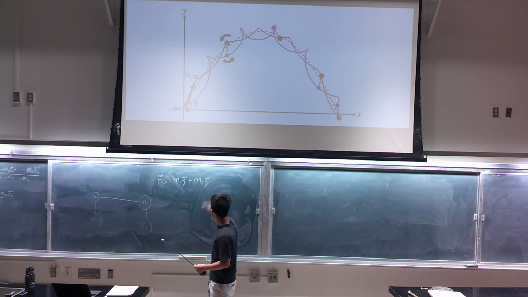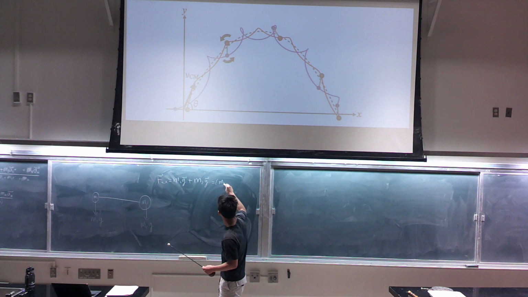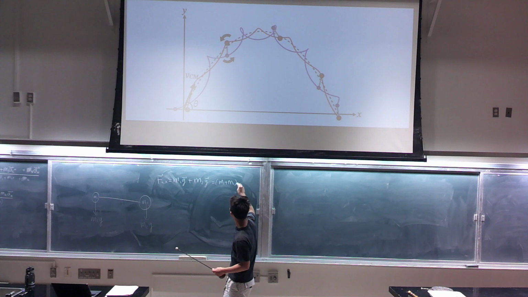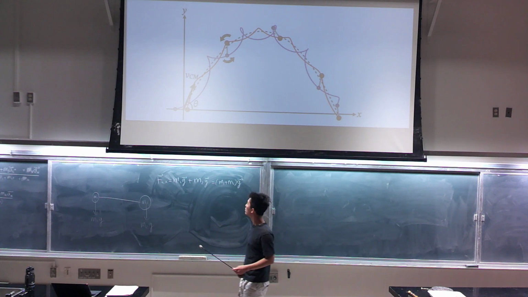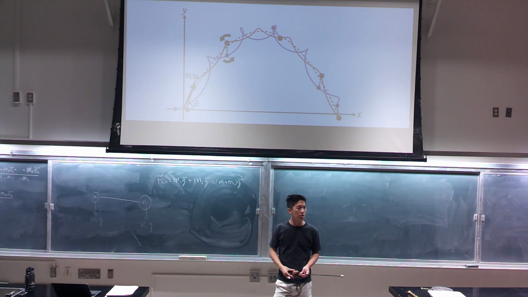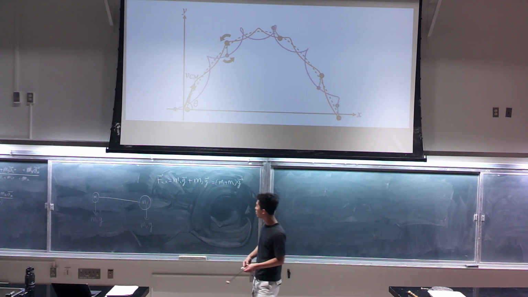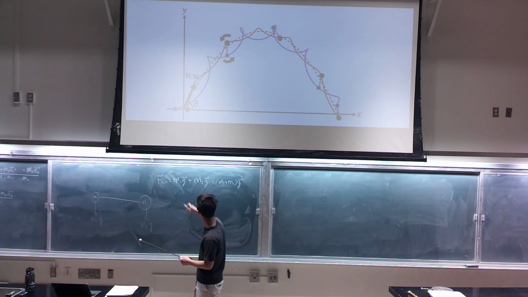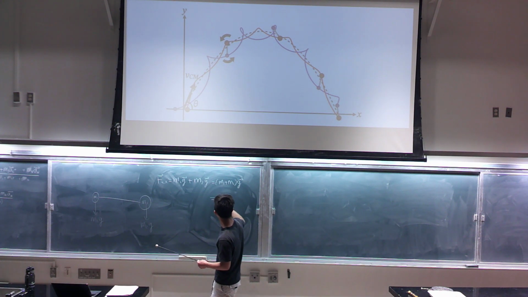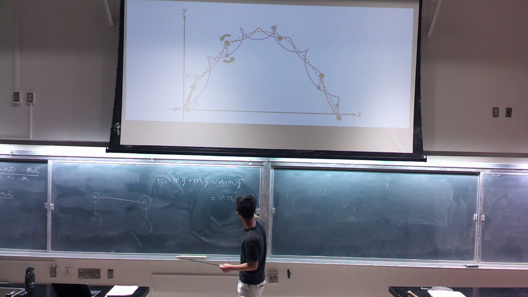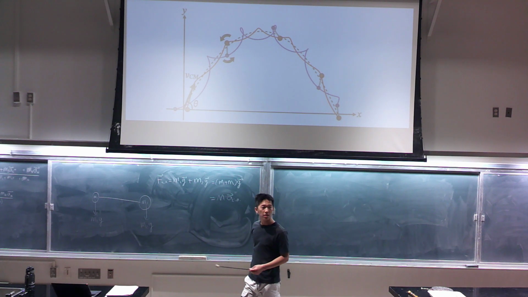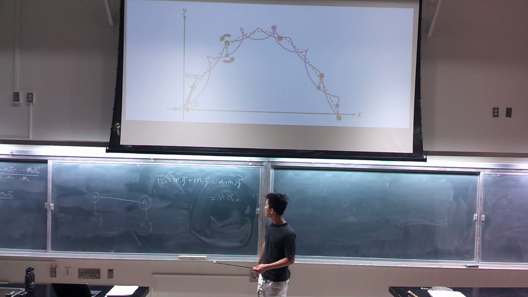Now, this is just (m1 + m2) times g, because g is the same, so you can take it out of the parentheses. And according to that formula, this should be the total mass times the acceleration of the center of mass. So you see, the total mass is m1 plus m2.